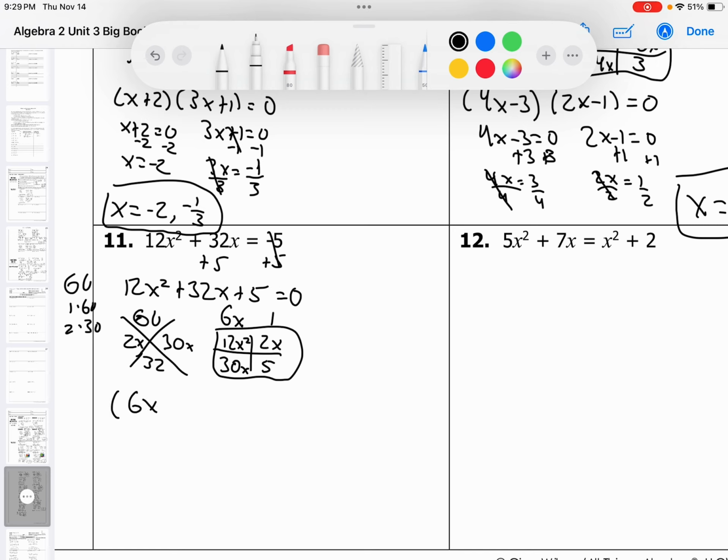So 6x plus 1 would be my first factor, and then 12x squared and 2x would have 2x in common, 30x and 5 would have 5 in common, so my other factor will be 2x plus 5.